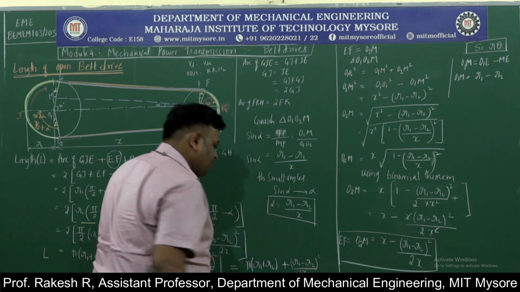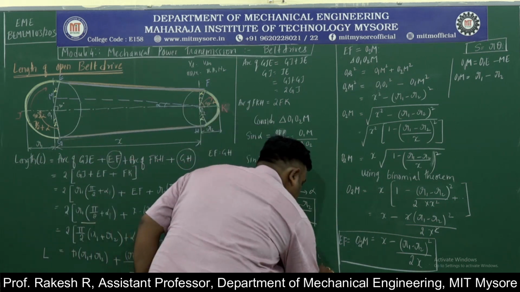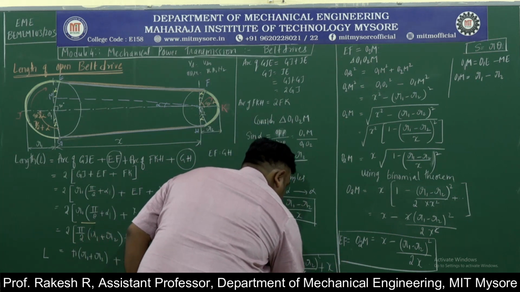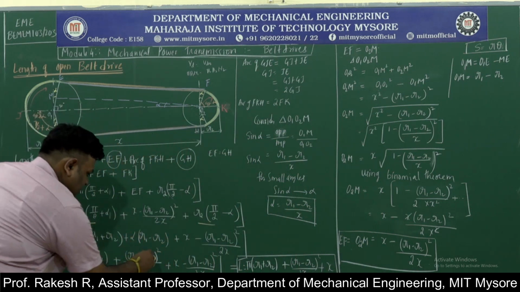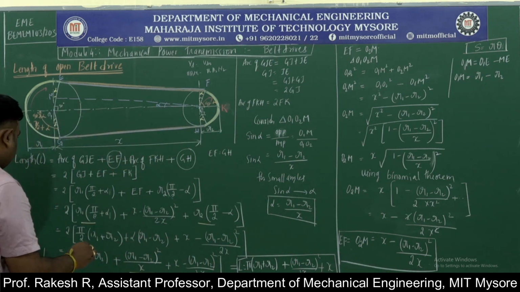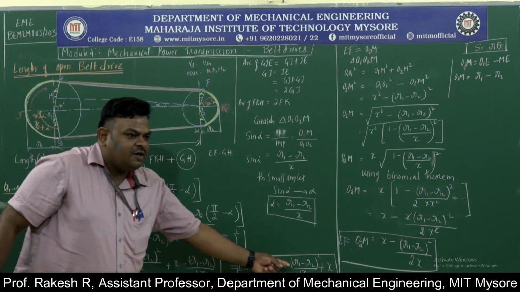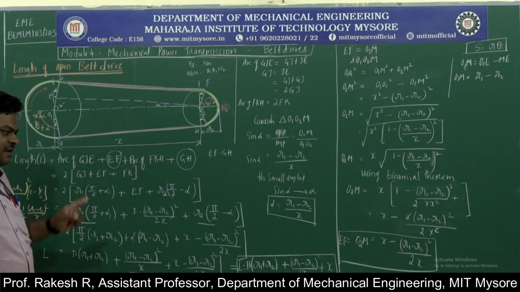So directly I will write 2x plus x. So this is the length of open belt drive. Remember these two. If I take r1 minus r2 whole square by x common, it will be 1 minus 1 by 2, which is 1 by 2 into r1 minus r2 whole square by x. So this will be equal to r1 minus r2 whole square divided by 2x.